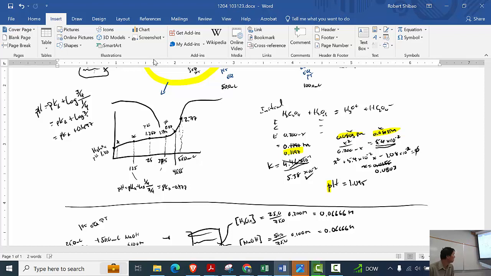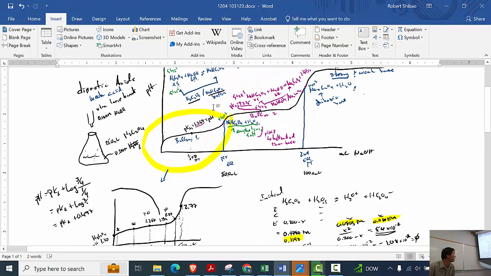So between 45 and a half and 50, we're going to go up from 2.27 to 2.77 at the equivalence point. Now, once we go past, then we have excess base. But this is a diprotic acid, and so it's going to behave differently, the excess base. And so that's going to throw us into the buffer 2 range.